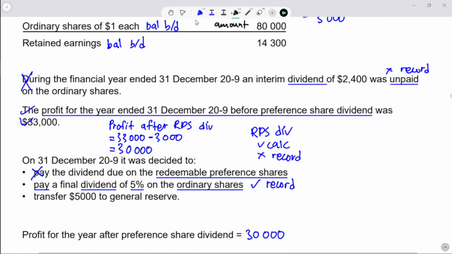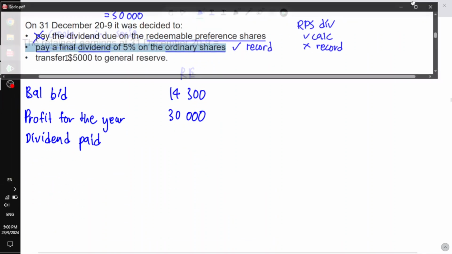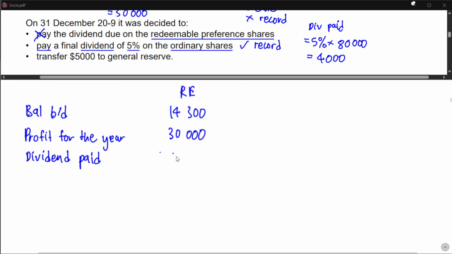So 5% times 80k is actually equal to 4k. So let's continue. So 4k. If your dividend is paid, you'll reduce the retained earning. So this one is actually the final.